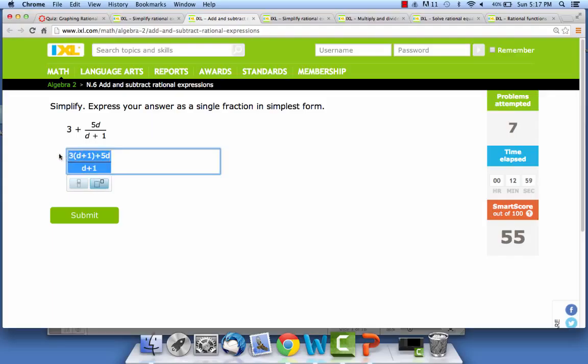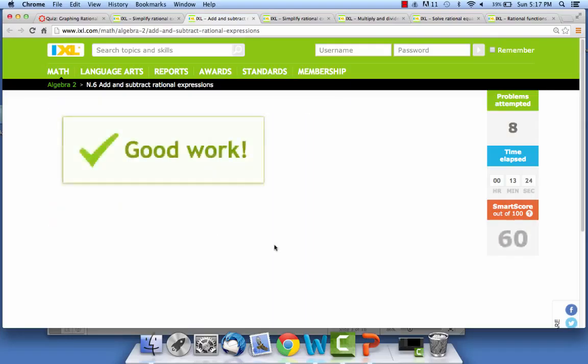So that's 3d plus 3 plus 5d over d plus 1, so that's 8d plus 3 over d plus 1, and the top cannot be factored again, so we're back into that position of not being able to simplify.